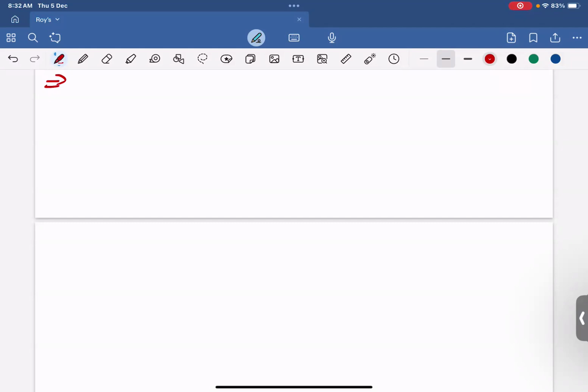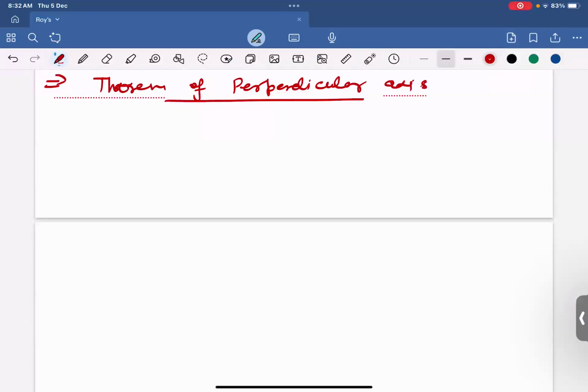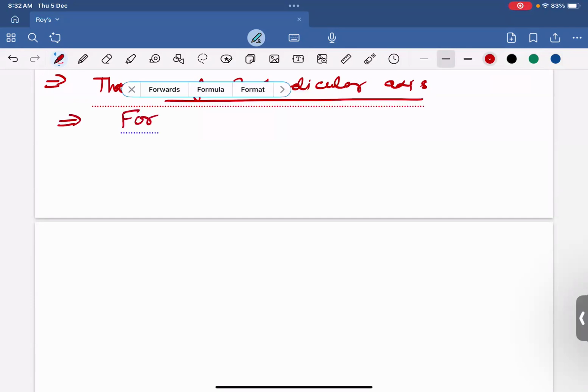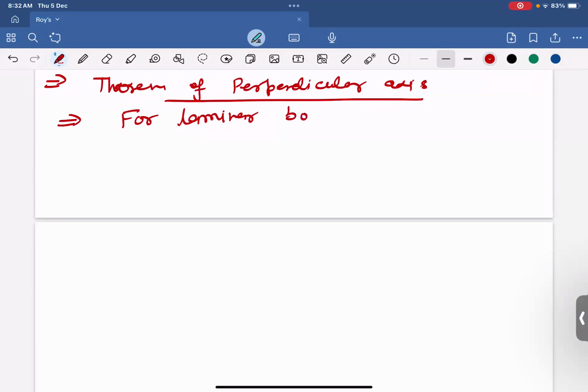So, moment of inertia, we have two important formulas here. One is called theorem of perpendicular axis. It says that this is only valid for laminar bodies.